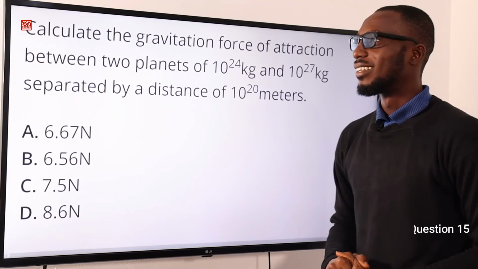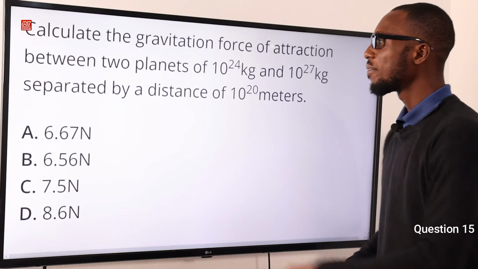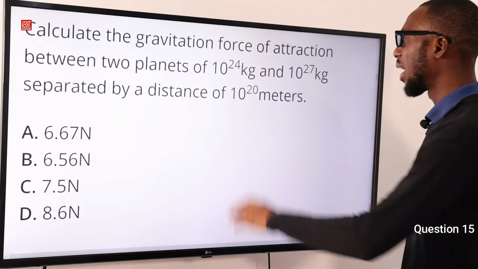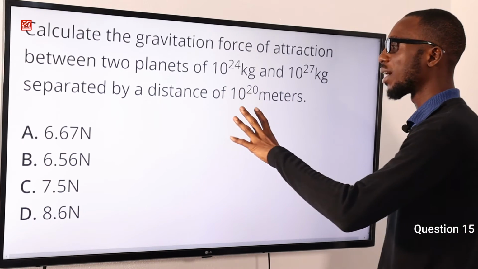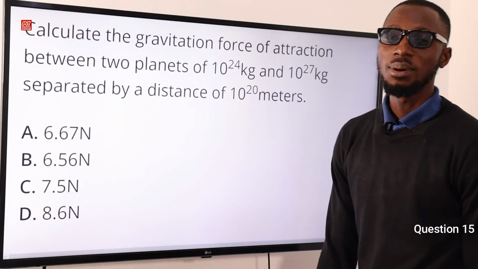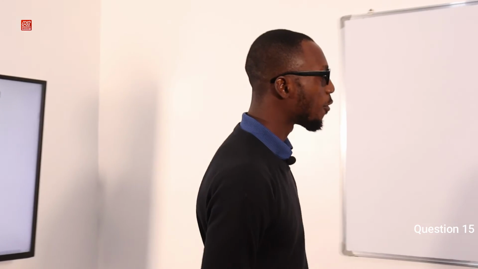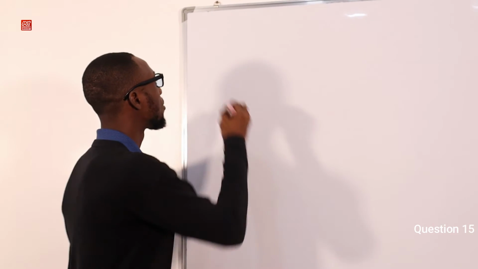Question 15. Calculate the gravitational force of attraction between two planets with masses 10 raised to the power 24 kg and 10 raised to the power 27 kg, separated by a distance of 10 raised to the power 20 meters. So remember, gravitational force F equals G m1 m2 over r squared.